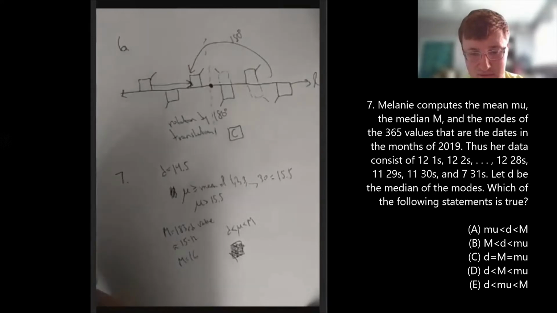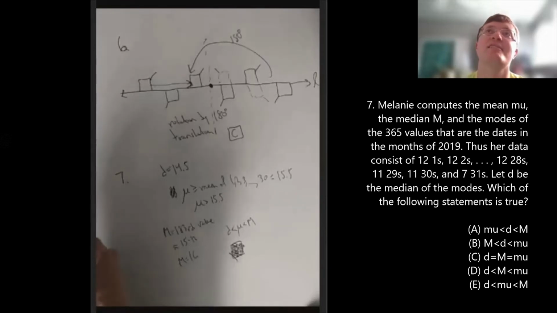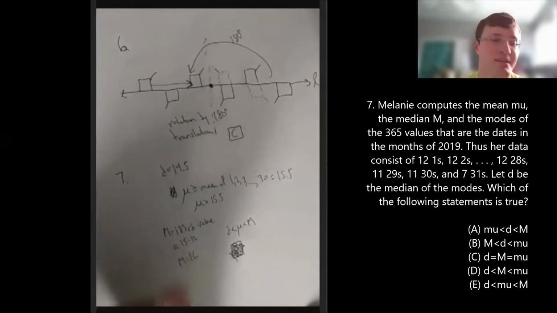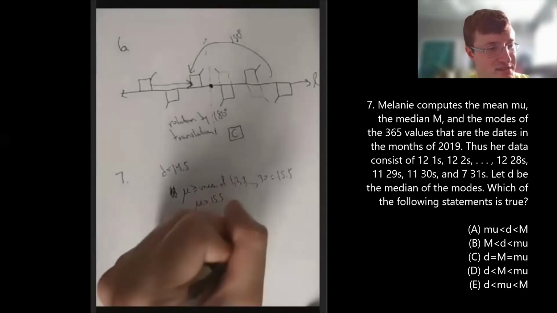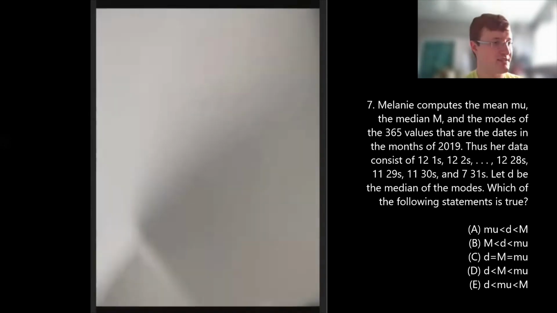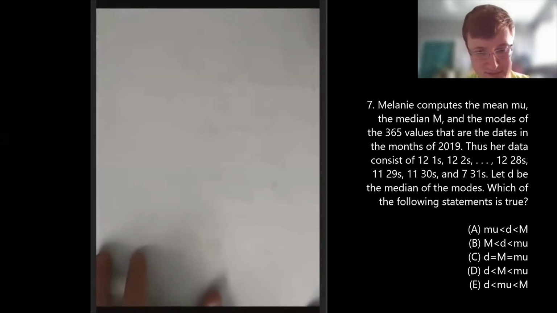So if I had all 1s through 31s, that would have a higher mean than this data set, and that would have a mean of 16. Yeah, I guess this is right. I guess it is E. Okay, I'm not too confident on that one, but I'm bound to make mistakes.